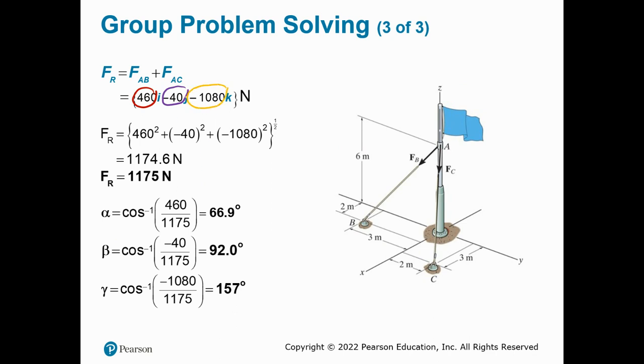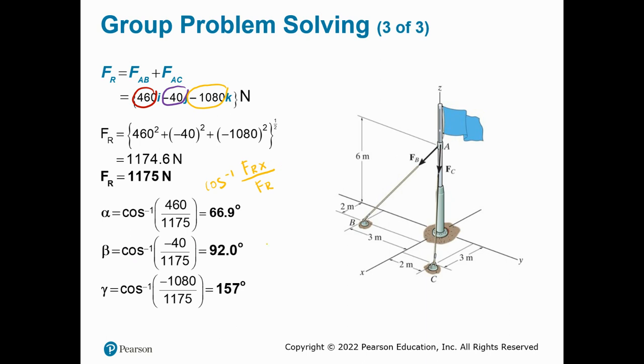So you have your I, the J, the K, adding the force vectors together. And then using your Pythagorean theorem, you get the magnitude of the force, and then for each single one of them, remember this was in our last video, your alpha is cosine inverse 460 over 1175. What you're doing is the 460, this part, is going to be cosine inverse of F resultant force X component divided by F resultant force.